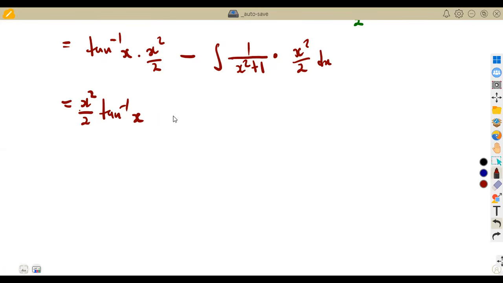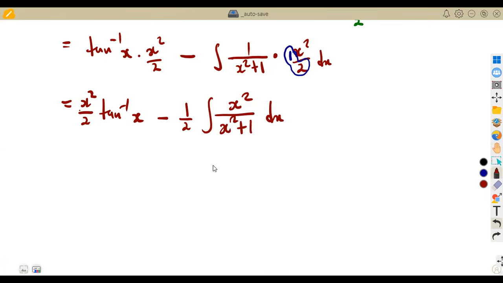Minus, here we can take out the 1 over 2 that is affecting our x squared. So that will be 1 over 2 out of the integral. Then we are left with x squared times 1, which is x squared over x squared plus 1, with respect to x.